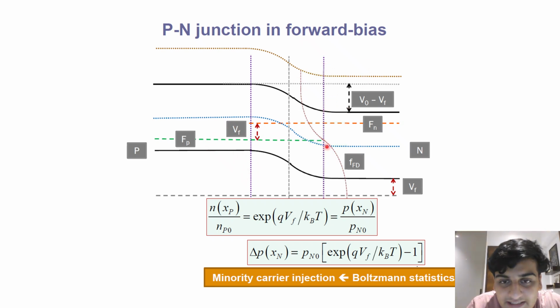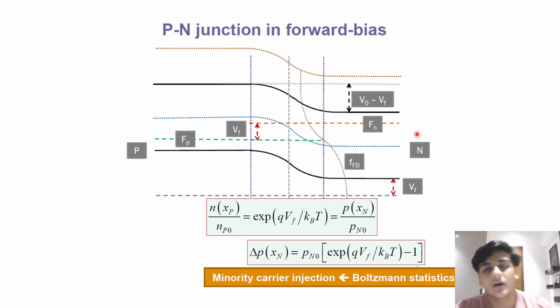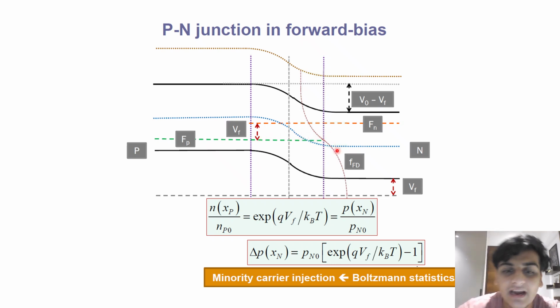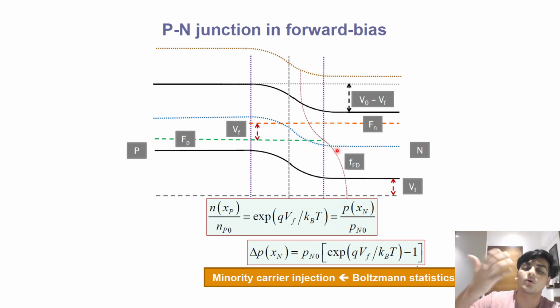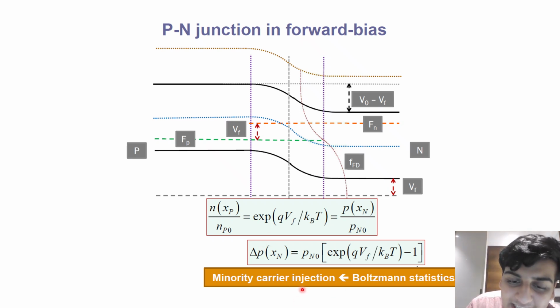So when you're injecting, these carriers are going to undergo diffusion into this side. That is what is going to correspond to creating your current. So when you have injection of minority carriers, that constitutes a current, and that is what we are trying to calculate. Obviously this injection is over and above equilibrium.